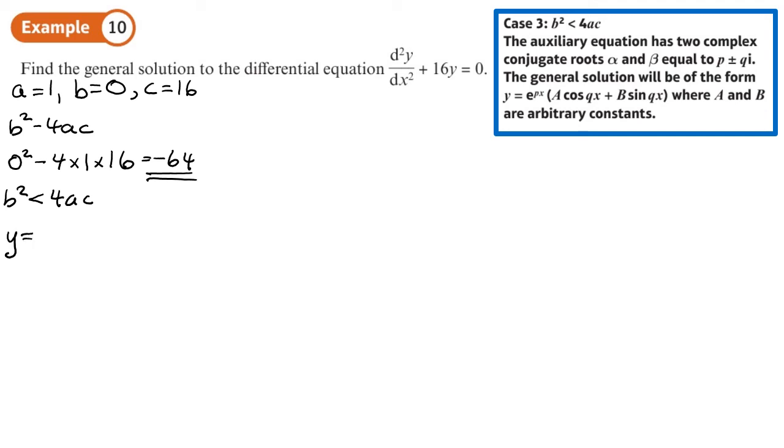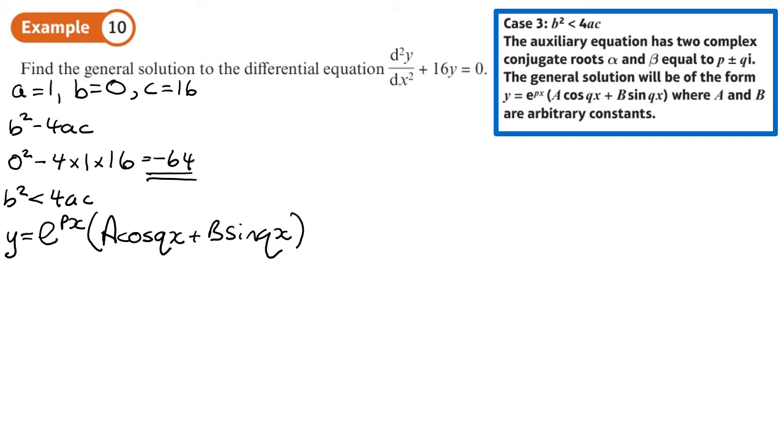Now, I would get used to, when you're doing these questions, actually writing out, once you've worked out b squared minus 4ac, what the general form of the solution is, so it just gets into your head, so you're not referring back to the book every time, because they do need to be memorized.